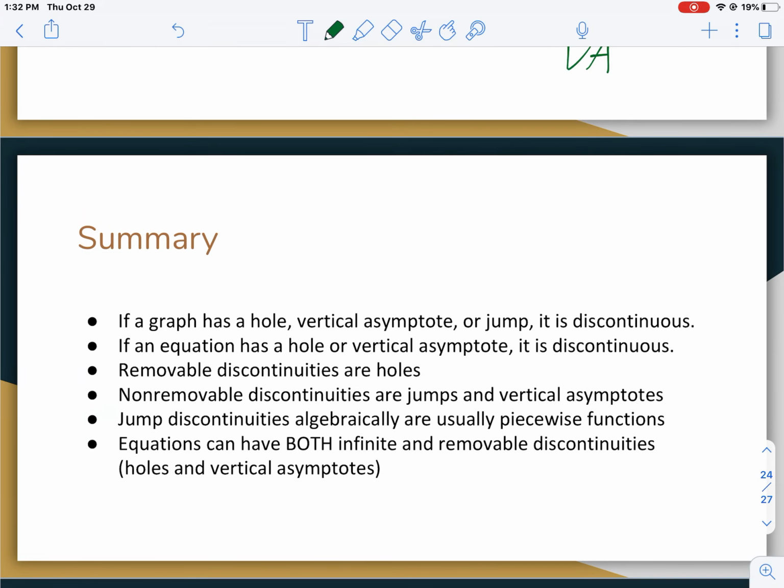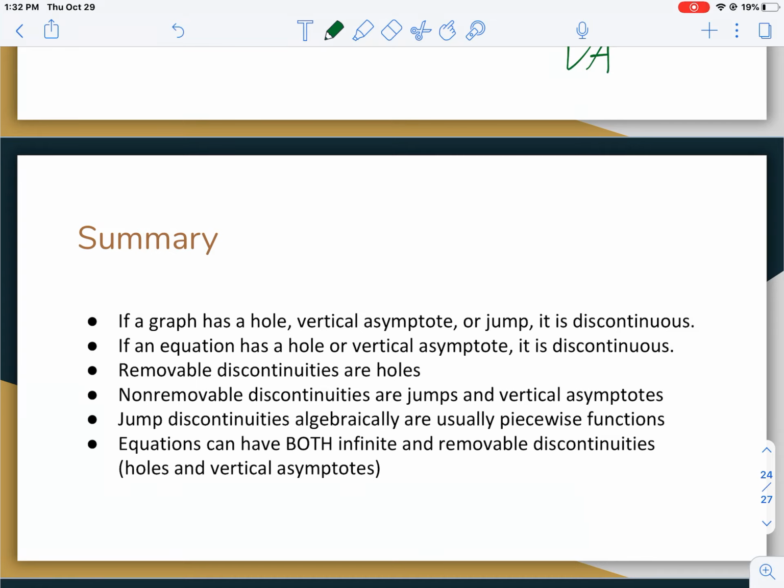All right, so to summarize, if a graph has a hole, vertical asymptote or a jump, it's discontinuous. If an equation has a hole or vertical asymptote, it's discontinuous. Our removable discontinuities are holes. Non-removable discontinuities are jumps and vertical asymptotes. And as we've seen, jump discontinuities algebraically are usually piecewise functions.